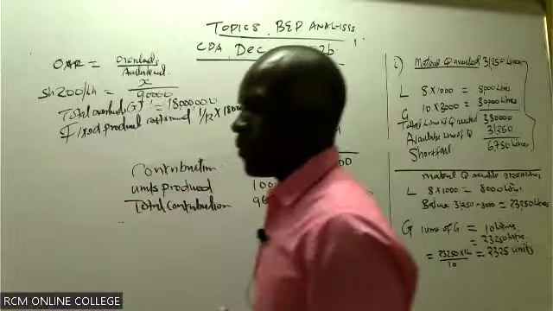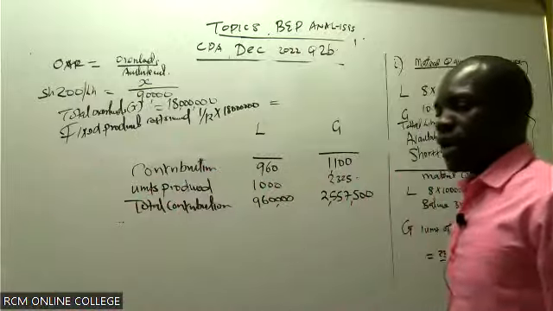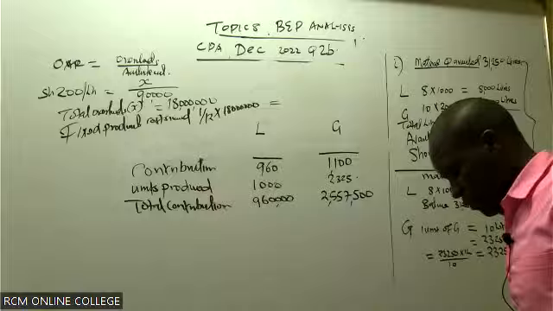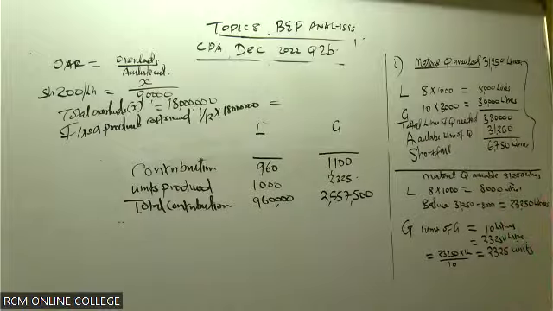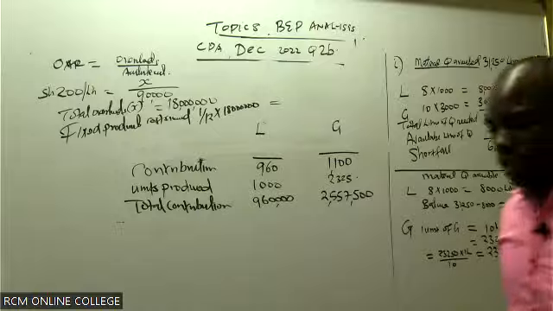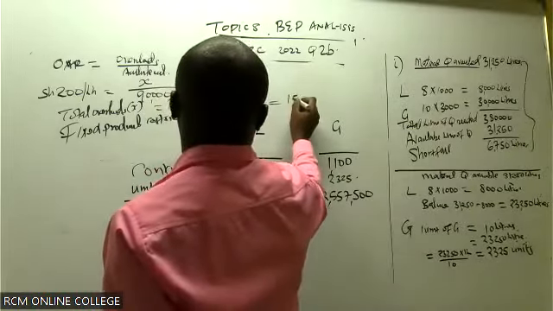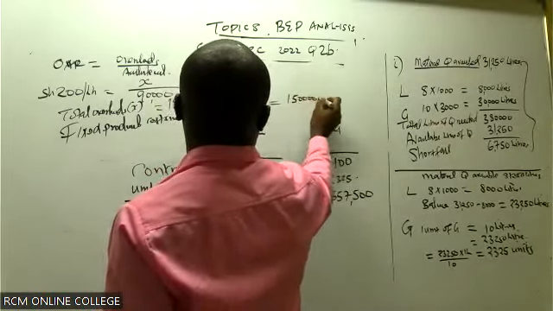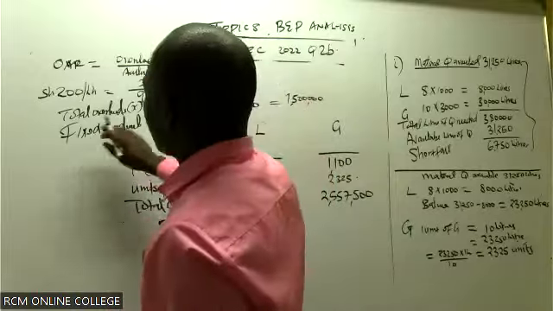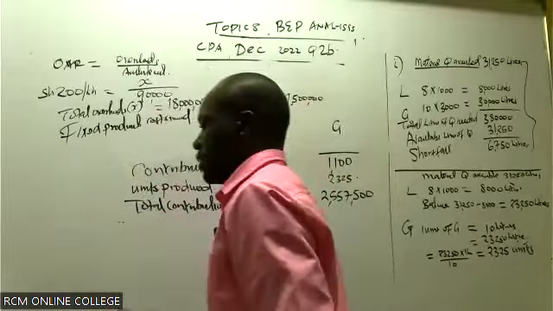A 12th of 18 million gives us how much? 1.5 million. That is the fixed production overheads.